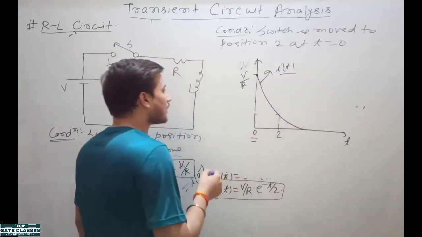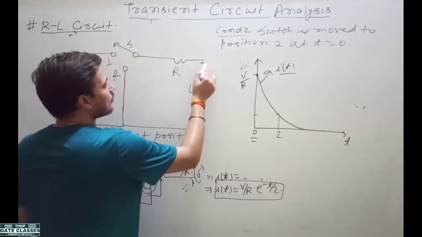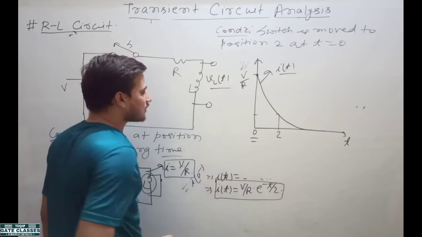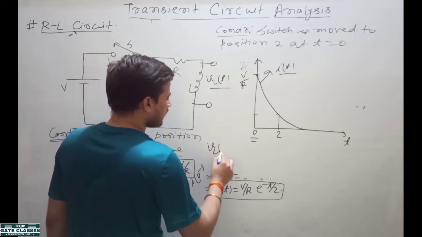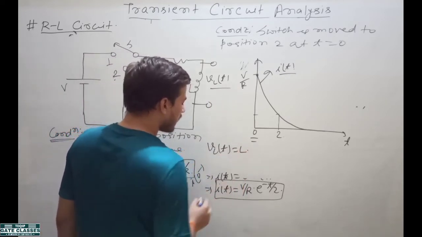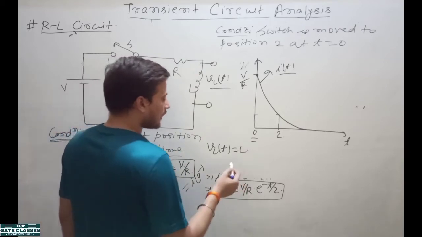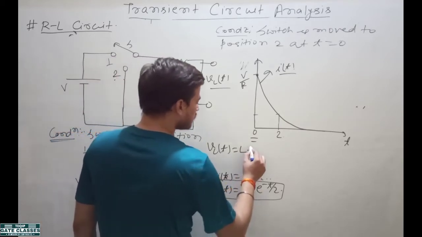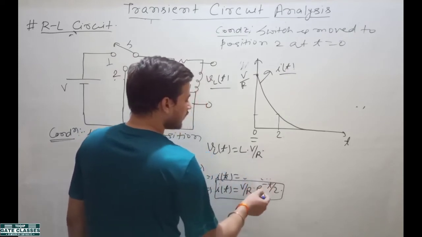Now what about voltage in this condition? If you write the expression for VL(t), VL(t) will be equal to L into di by dt. If you differentiate this, it will be L into V by R into e to the power minus t by tau.